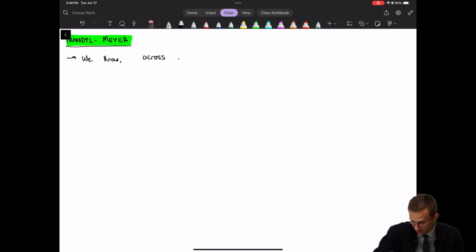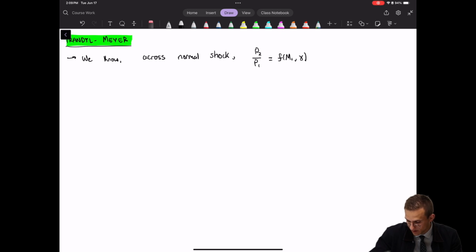Across a normal shock, the static pressure changes as a function of just the upstream Mach number and the ratio of specific heats, which you can write as P2 over P1 equals 2 gamma over gamma plus 1 times M1 squared minus gamma minus 1 over gamma plus 1.